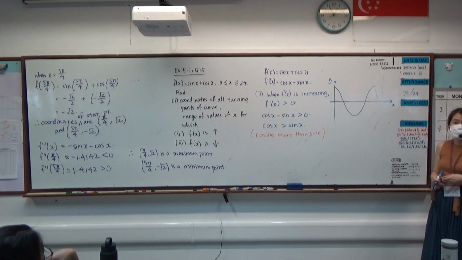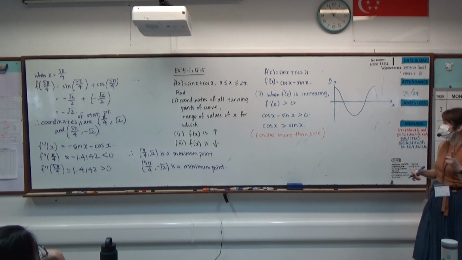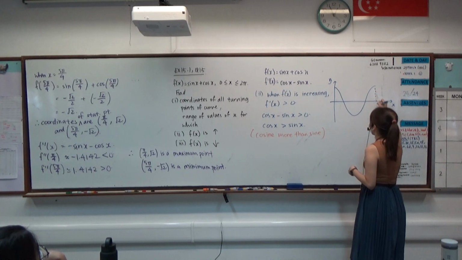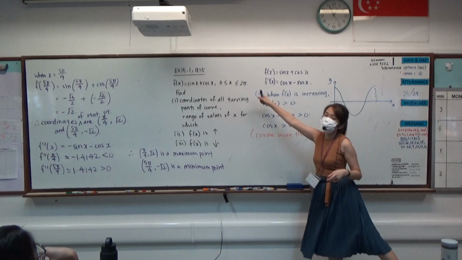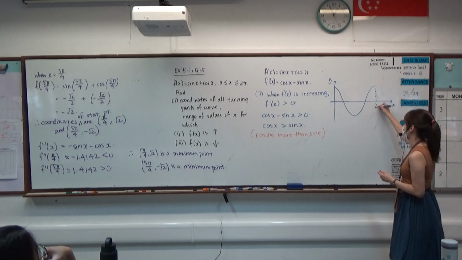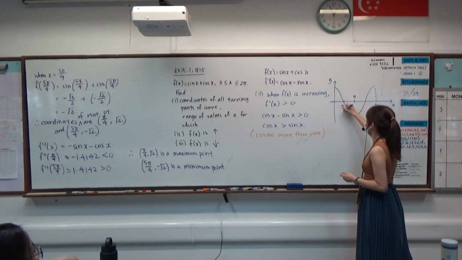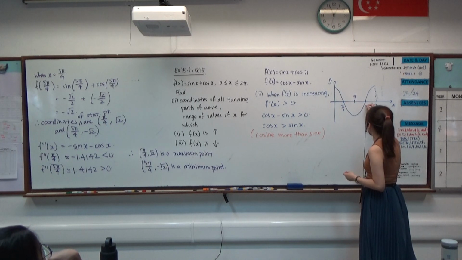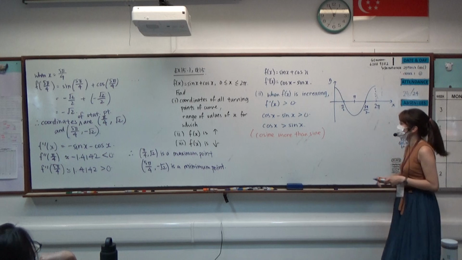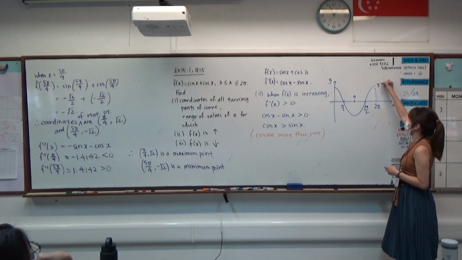Period of cosine graph is, anybody? 360, good. But since we are looking at radians, let's go for 2 pi. So this is pi over 2, and then 3 pi over 2. So this is your cosine graph.